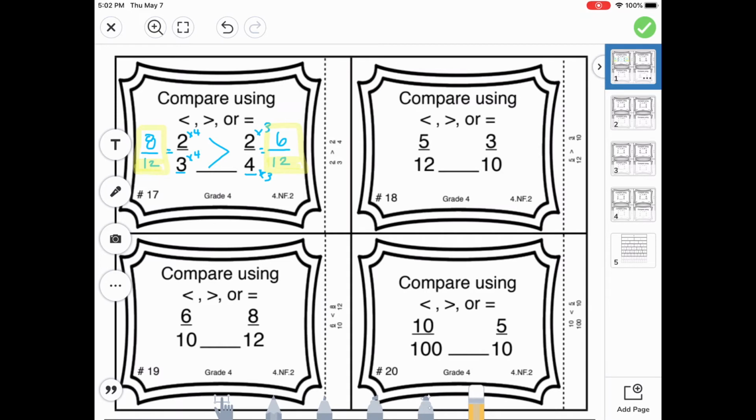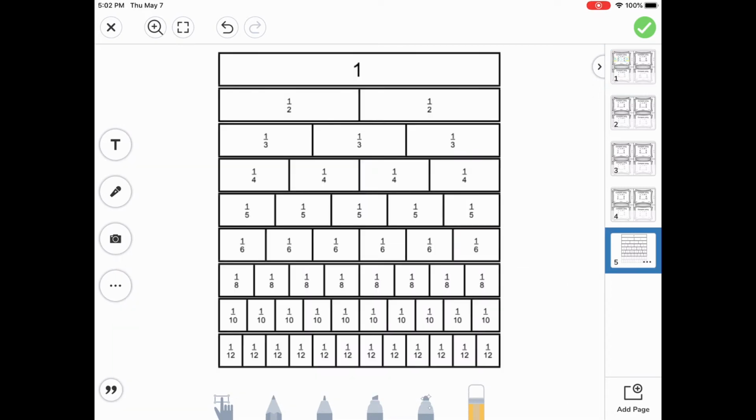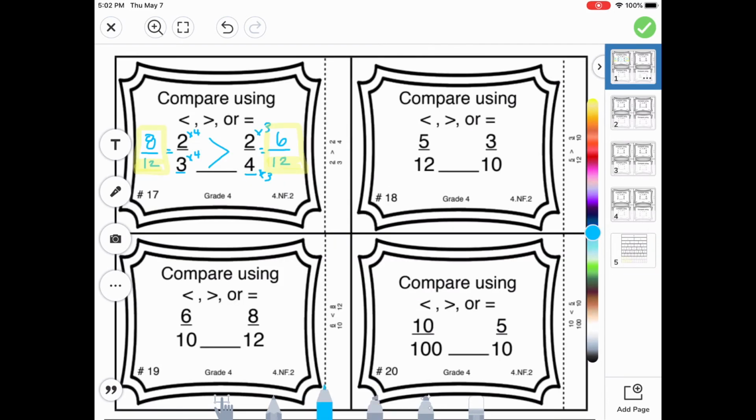So on this second problem, for comparing 5/12 and 3/10, I'm going to go to my fraction bar. I'm going to shade in 5/12 and 3/10, and I can see that 5/12 is worth more than 3/10 is. 5/12 is greater than 3/10.